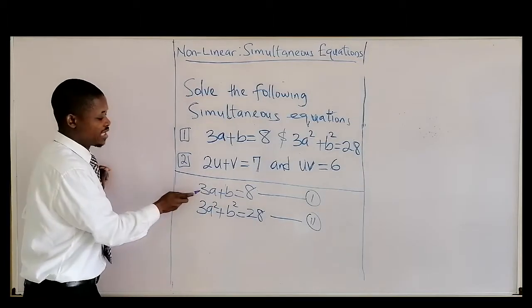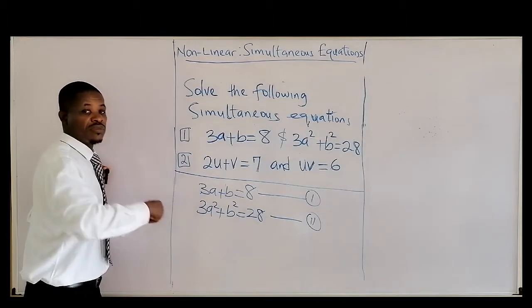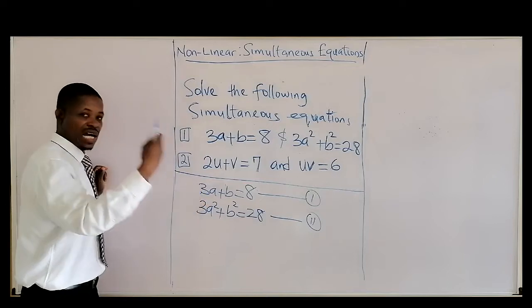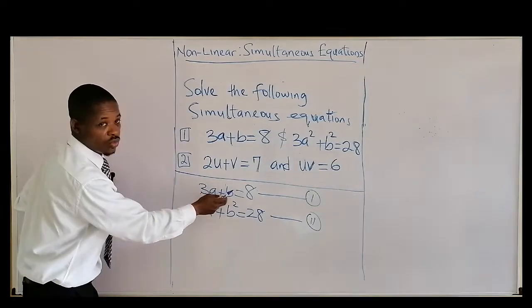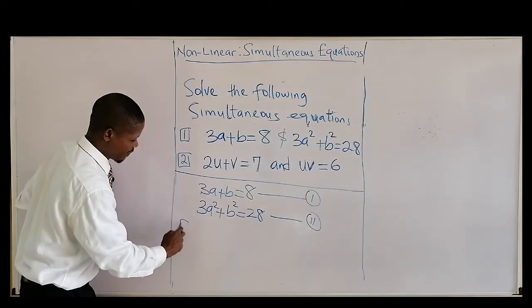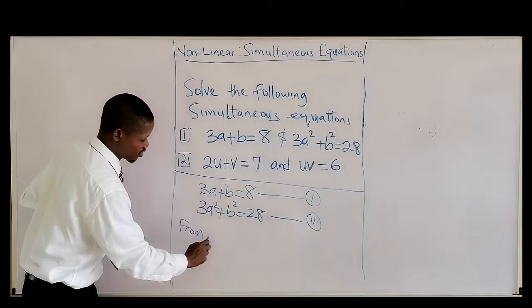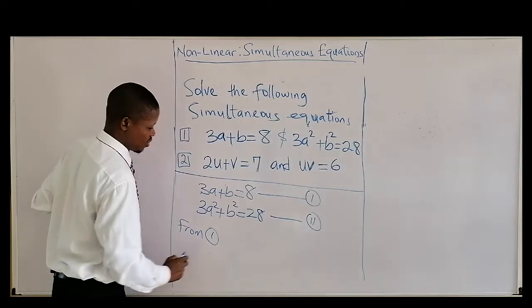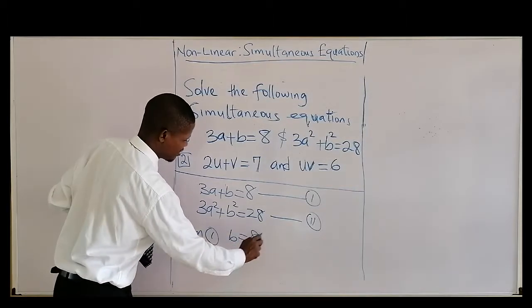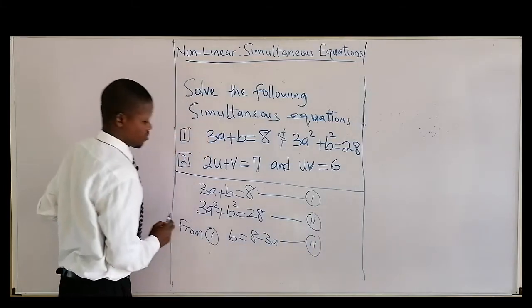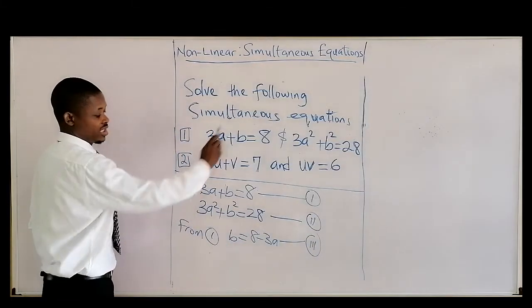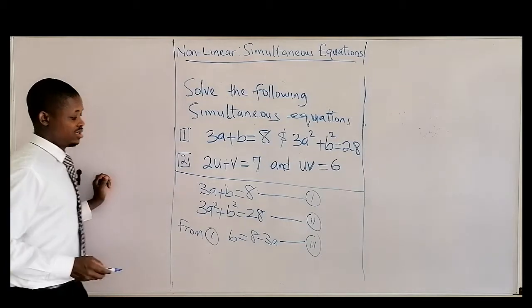If you go for a as the subject, you're going to have a fraction and we don't want that. So let's go for the easier one. From equation 1, b is equal to 8 minus 3a. Call that one equation 3. We move the 3a to the other side and make b the subject.